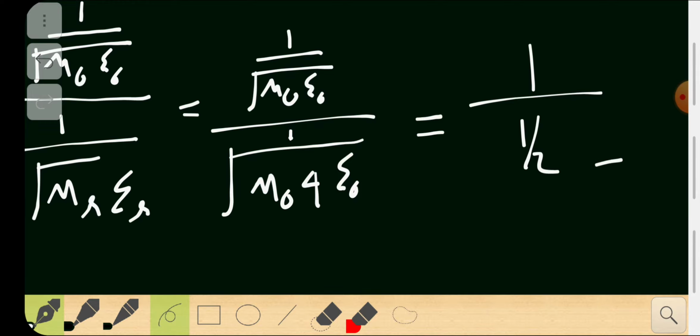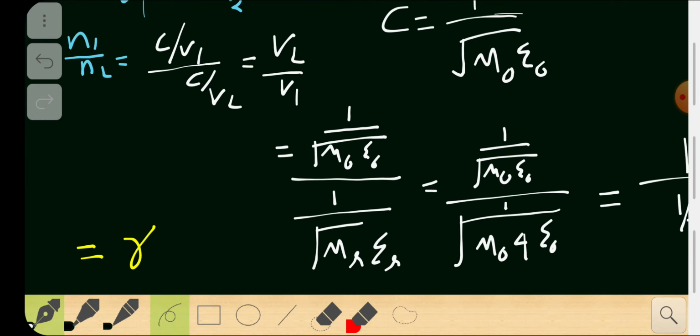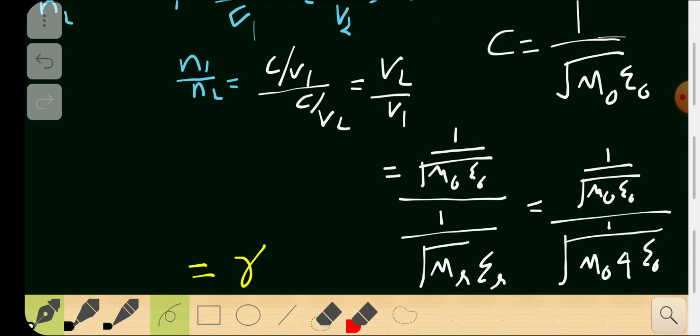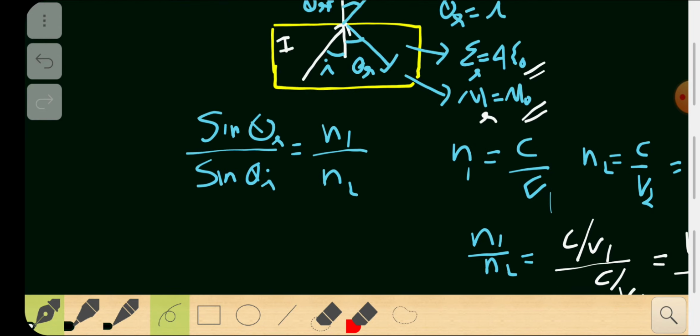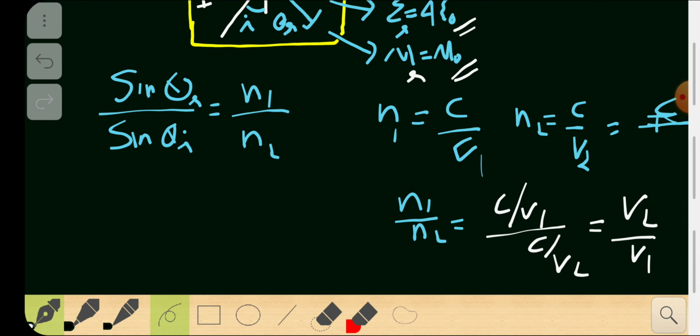So v2 by v1 is equal to 2. Let's substitute that back into the equation. n1 by n2 is just v2 by v1, so substitute here.